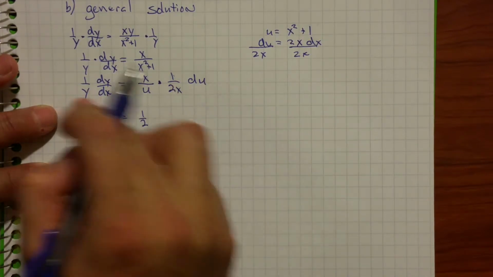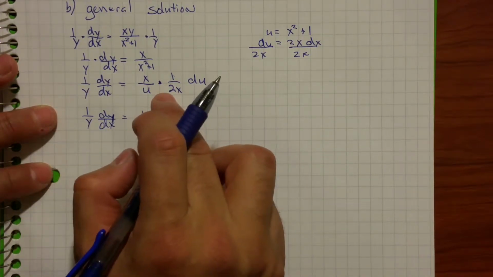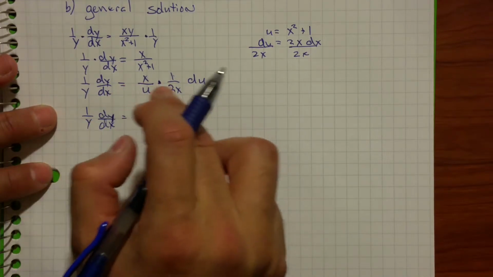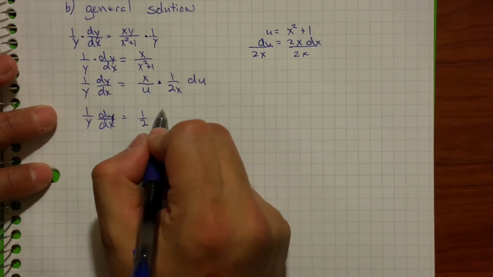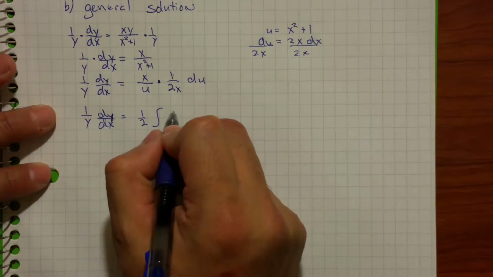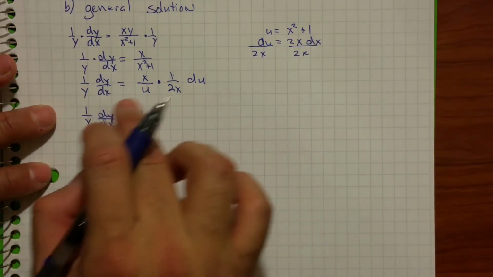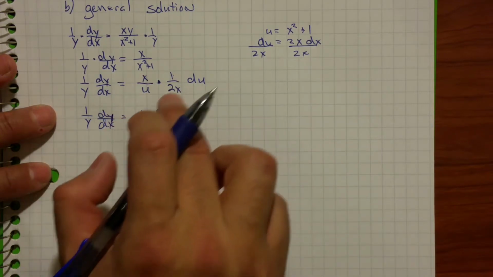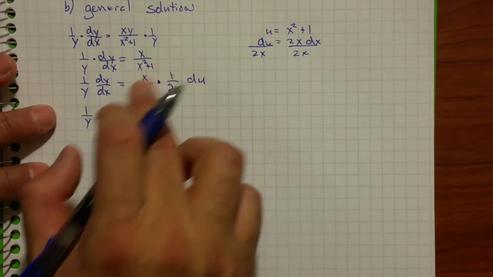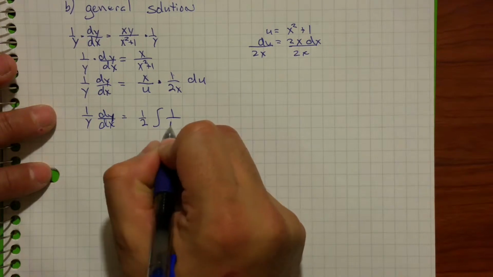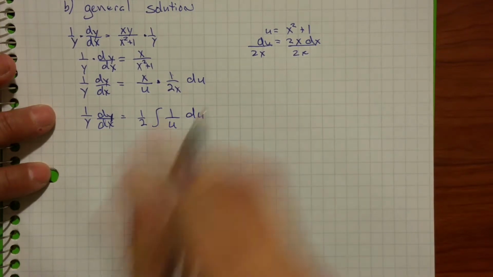Since it is a common factor, I'm going to pull it out and put it in front of my integral. And it's not the reciprocal, I'm sorry. It's going to be the 1 over u, because that's all that's going to be left here: 1 over u du.